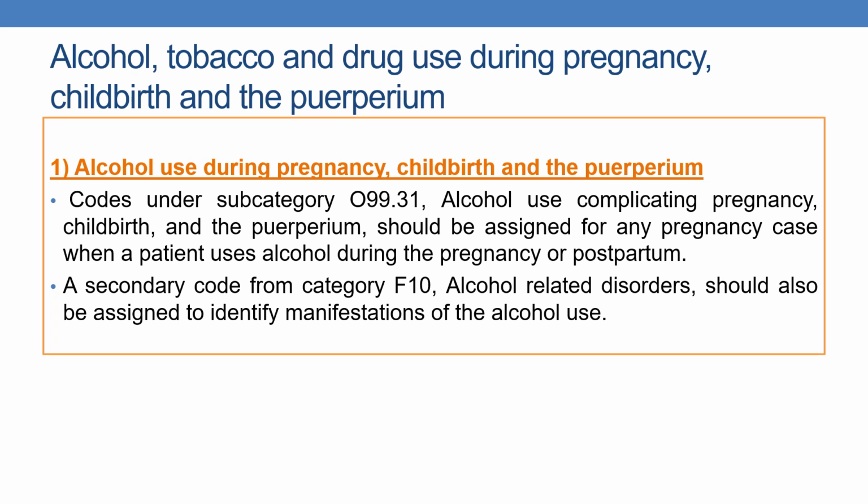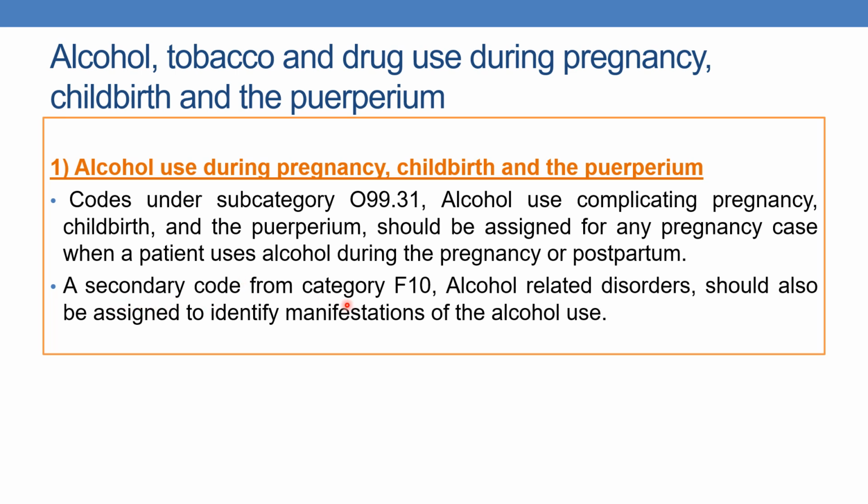Now coming to alcohol use during pregnancy, childbirth and puerperium. We know that the codes under the subcategory O99.31, alcohol use complicating pregnancy, childbirth and puerperium, should be assigned for any pregnancy case when a patient uses alcohol during the pregnancy or postpartum. Whenever the patient uses alcohol during pregnancy or postpartum, you need to use the code O99.31 subcategory.